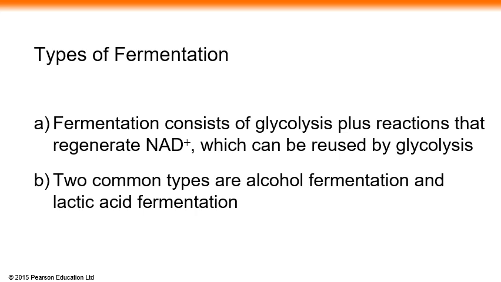In some steps of glycolysis, they need NAD+ as the acceptor for electrons after glucose is broken down. So when glucose is broken down, electrons come out, and those electrons can be accepted by NAD+.